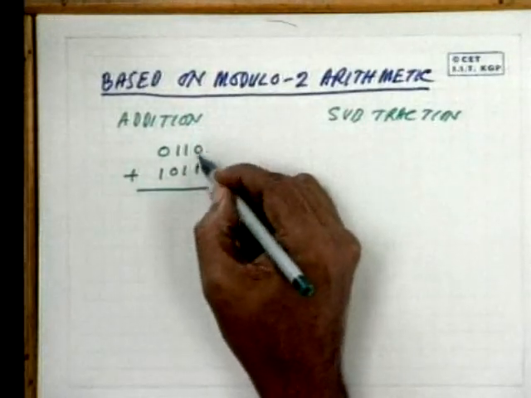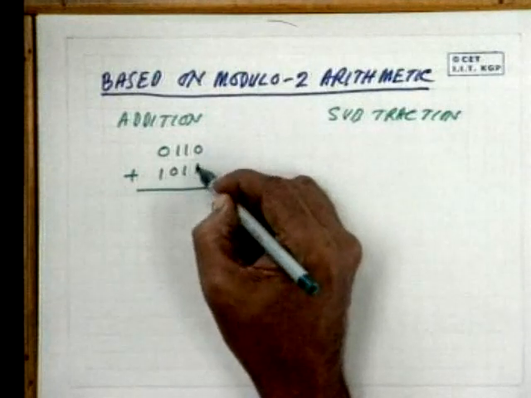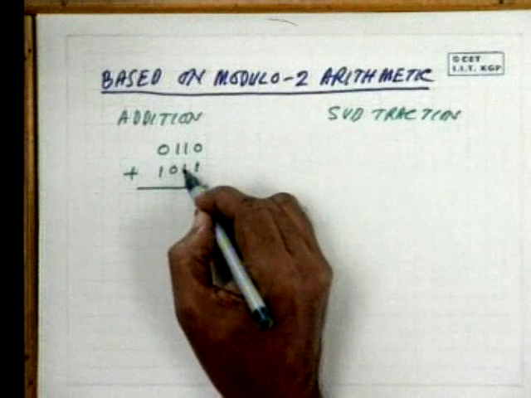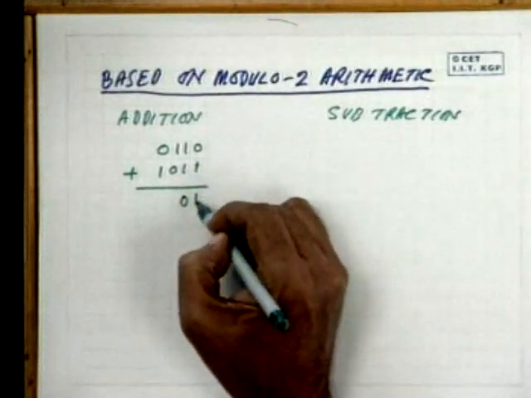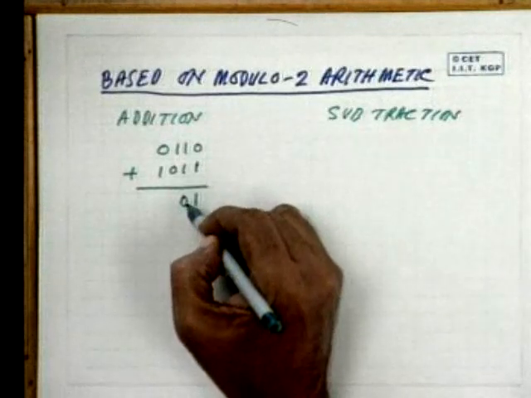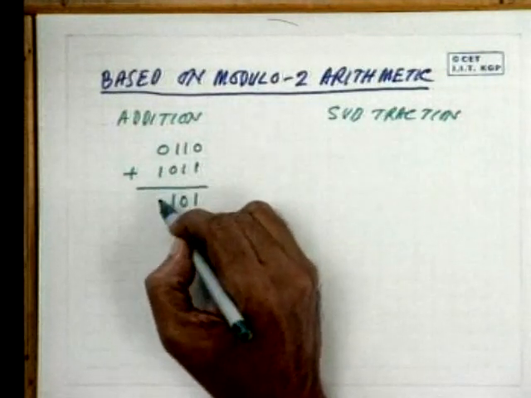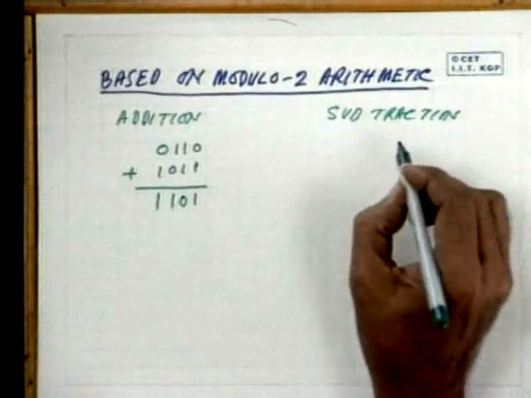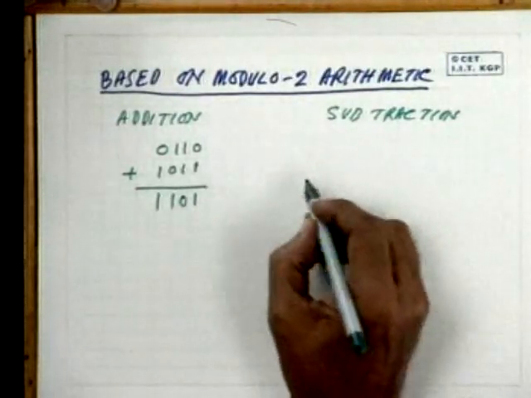You perform a bit by bit modulo 2 operation. That means 0 plus 1 gives you 1, 1 plus 0 gives you 1, 1 plus 1 gives you 0, and 0 plus 1 gives you 1. Similarly, you can perform multiplication, and subtraction can be performed using the same arithmetic in the same way.